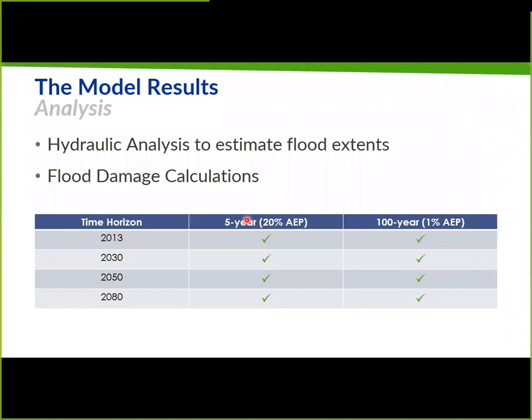So we're looking at that 5-year event as a function of time with their existing system to see how that performs. Do they get the level of service that they would like to have? And then to evaluate the major system, we also used the 100-year event, which has a 1% chance of occurrence in any given year. And we looked at that as a function of time based on the climate changes that we're expecting.